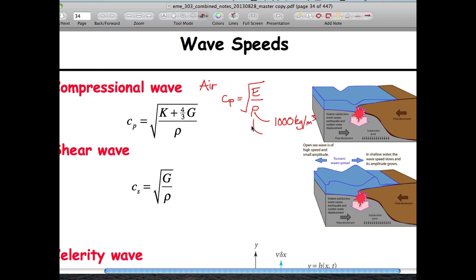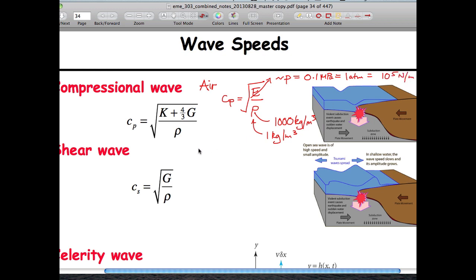So the density of air is of the order of 1 kilogram per meter cubed. We know that the modulus of air, at relatively low pressures anyway, is about equal to the pressure of air. And we know the atmospheric pressure is 0.1 megapascal, 1 atmosphere, which is also equal to 10 to the 5 newtons per meter squared.